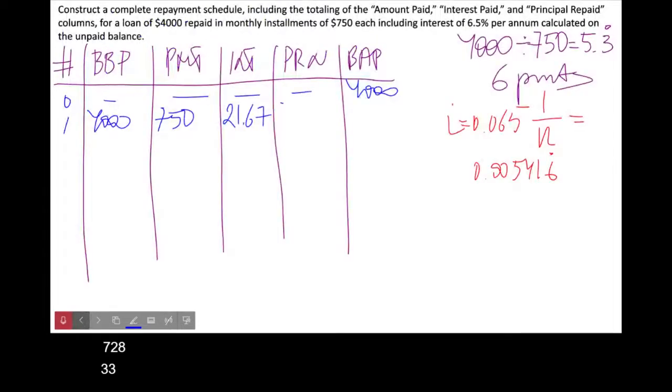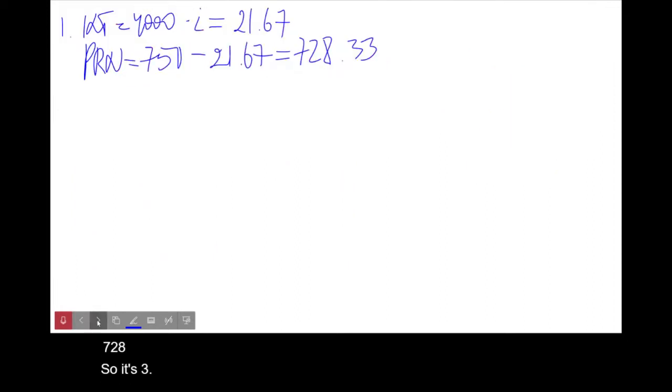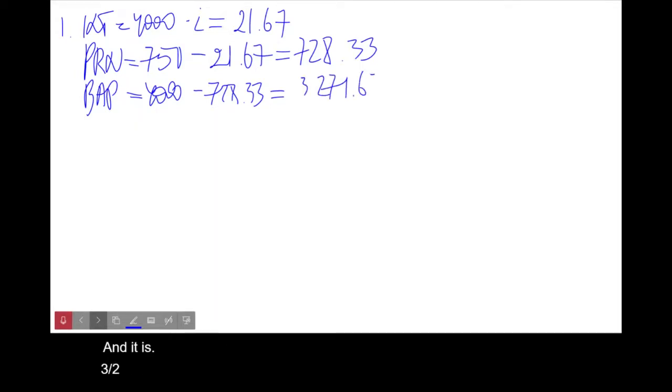I put 728.33, and balance after payment is 4,000 minus 728.33, and it is 3271.67.